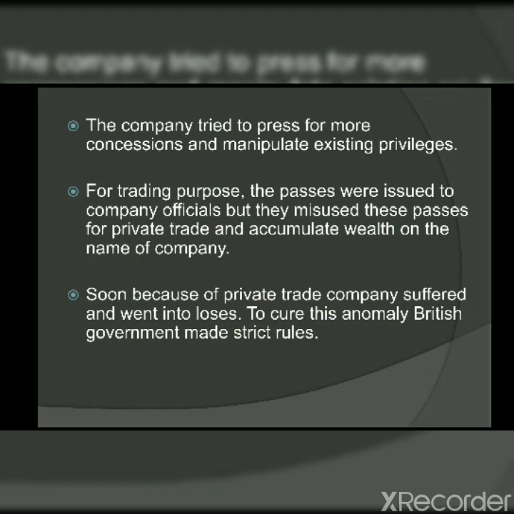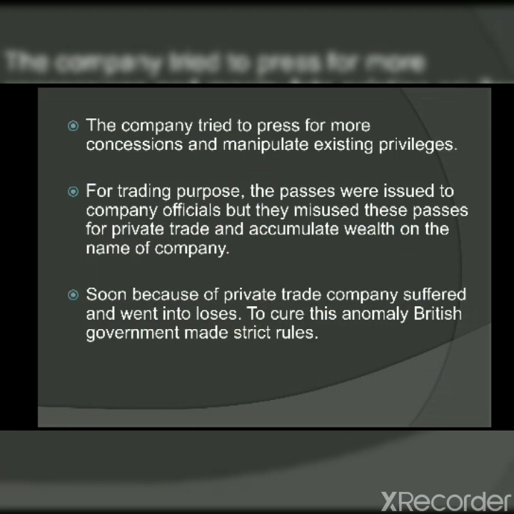They accumulated wealth in the name of the company. They were earning for themselves, hiding from the company. Soon, because of private trade, the company suffered and went into losses. So due to this private trading, children, the East India Company went into losses. To cure this anomaly, the British government made strict rules.